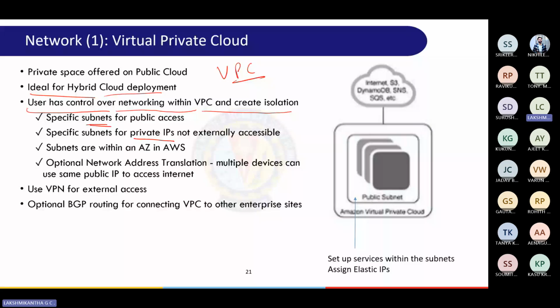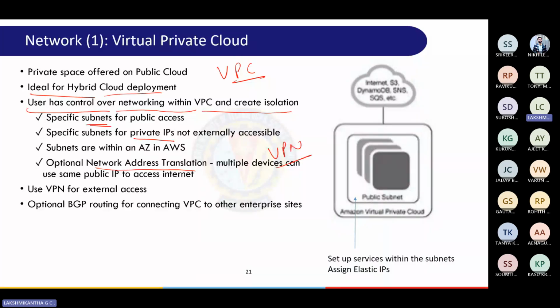Okay. And sometimes, yes, guys, we are going to talk about network address translation, or sometimes we are going to talk about VPNs. Network address translation: multiple private devices can share a single public IP to access the internet. And for secure external access, you can use a VPN, virtual private network, to connect to your enterprise network.